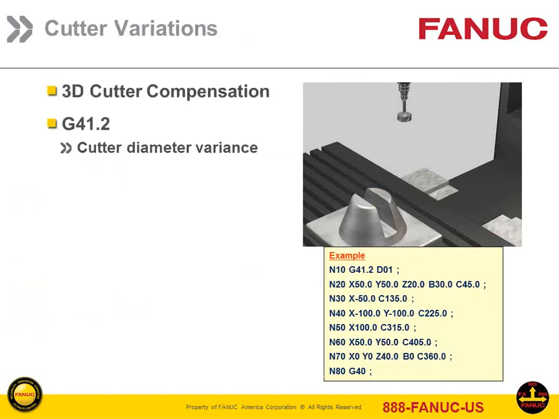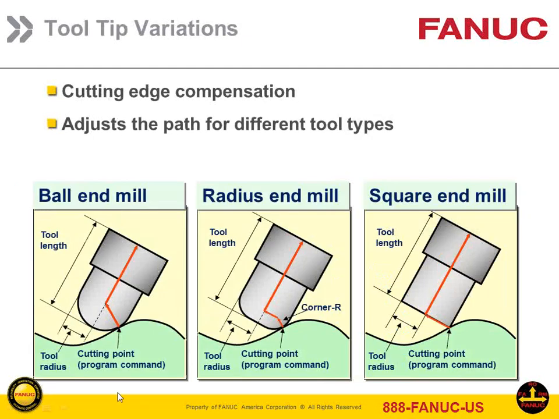All right. Now another one that we have is 3D cutter compensation. What it gives you the capability of doing is using different diameter tools with the same program. You have several different types of tools that you can use: a ball nose end mill, a radius end mill, where it's more square and only has radiuses on the corners, and a square end mill.